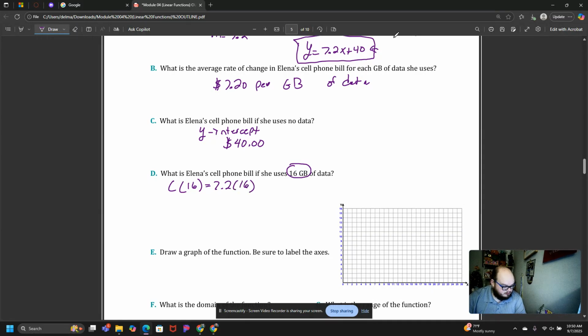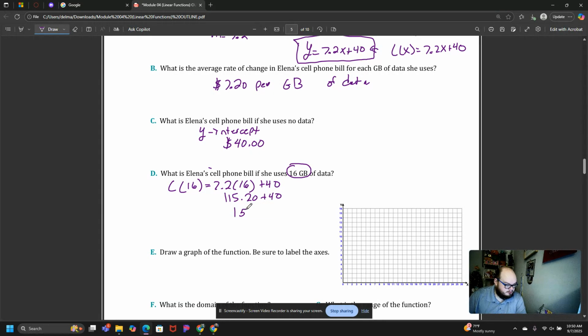And that C comes because we could have written this equation as C of x is equal to 7.2x plus 40. Okay, because it's really cost, so we should be writing it as a function instead of y. But you're going to get the same answer in the end. Right, and then 7.2 times 16 is 115.20 plus 40.